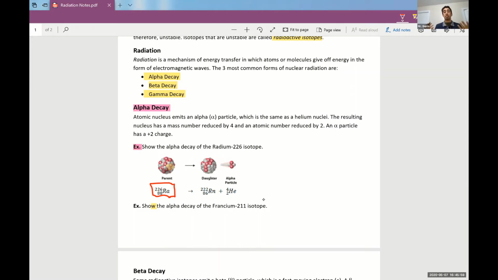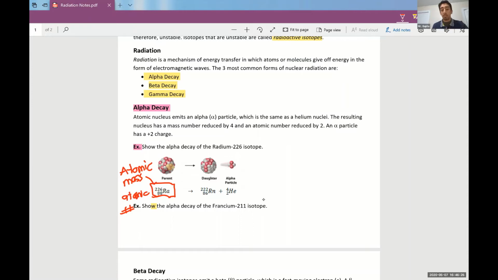The mass number, or the atomic mass, is 226. And the proton number, the atomic number, is 88. I'll just write atomic number. The question asks, show the alpha decay.